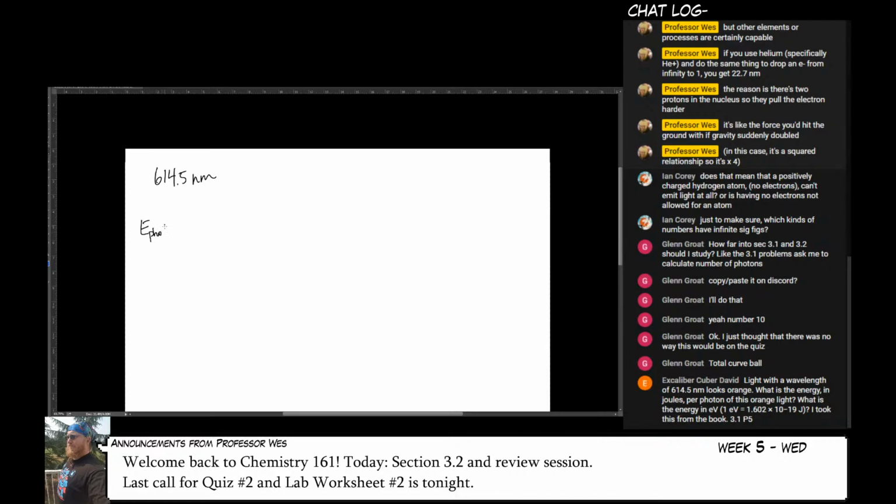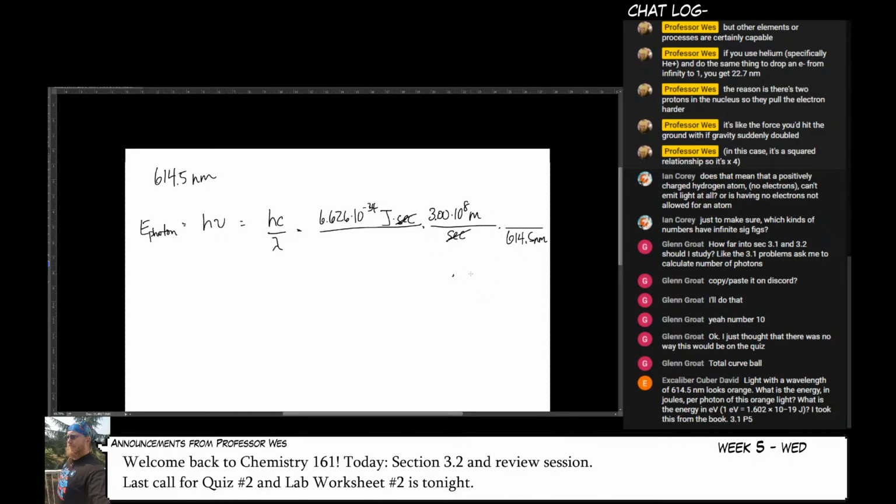So the energy of a photon is h times frequency, or hc over lambda, which is what we have. That would be 6.626 times 10 to the minus 34 joule-seconds, and then the speed of light, and then we're going to multiply that by 1 over lambda, which would be 614.5 nanometers. So this goes away, this goes away.